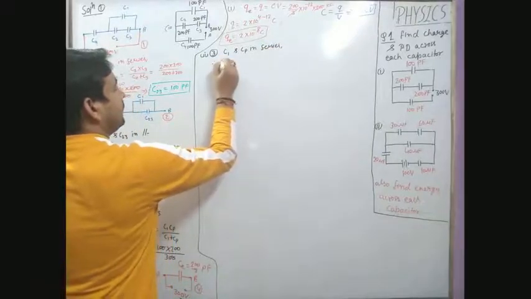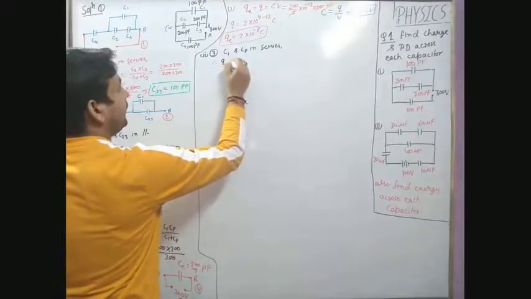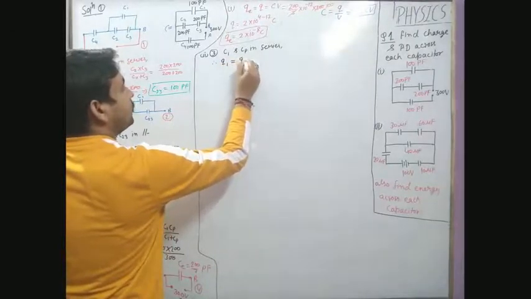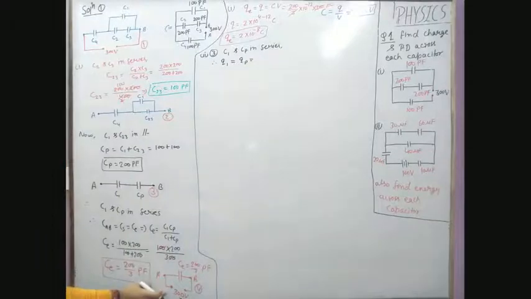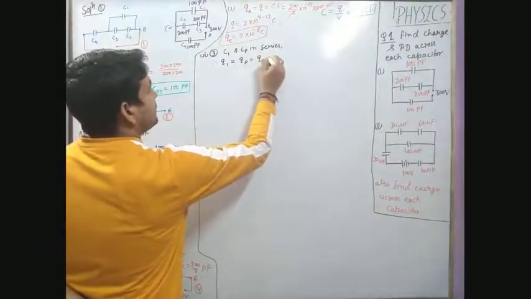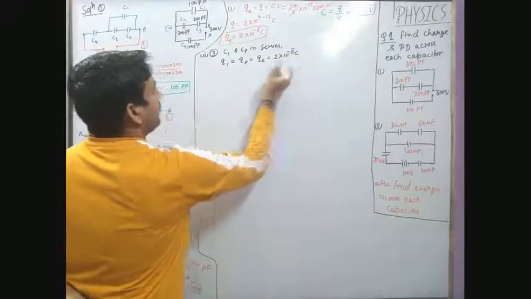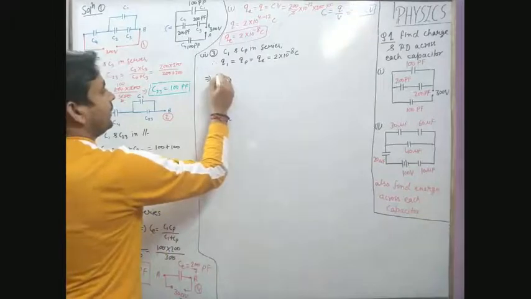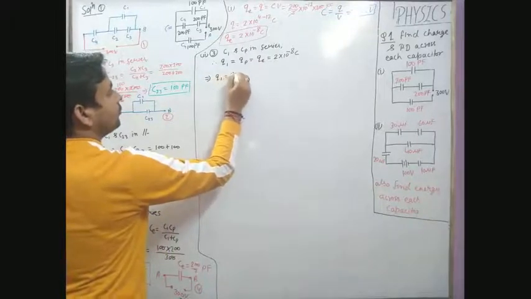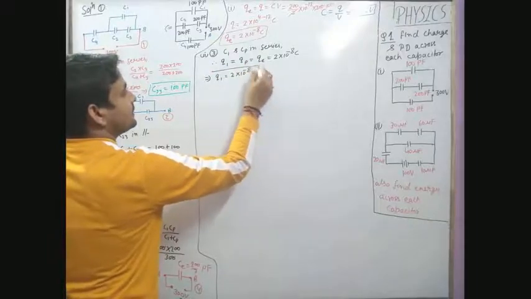Therefore, charge Q1 is equal to QP, which is equal to QE, which is 2 into 10 to the power minus 8 coulomb. Now you will calculate from here charge Q1 is equal to 2 into 10 to the power minus 8 coulomb. This is the first case.